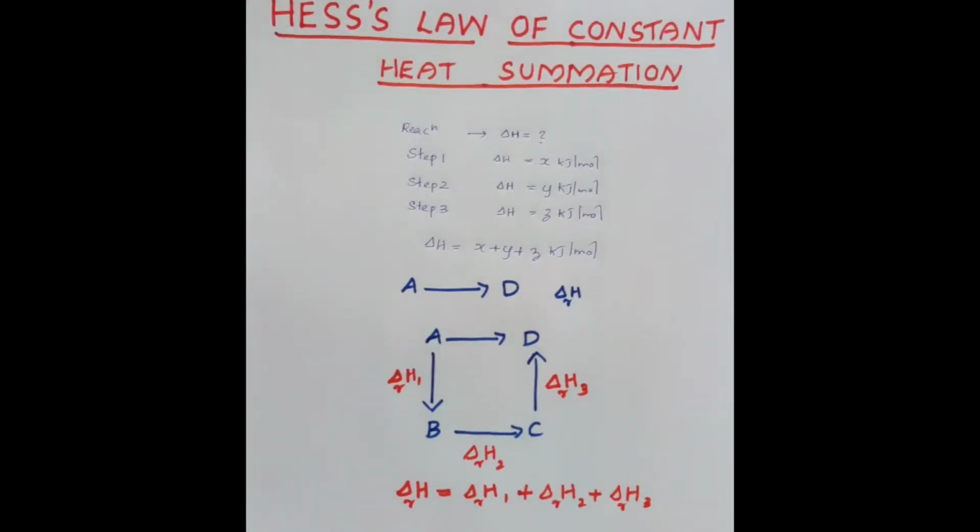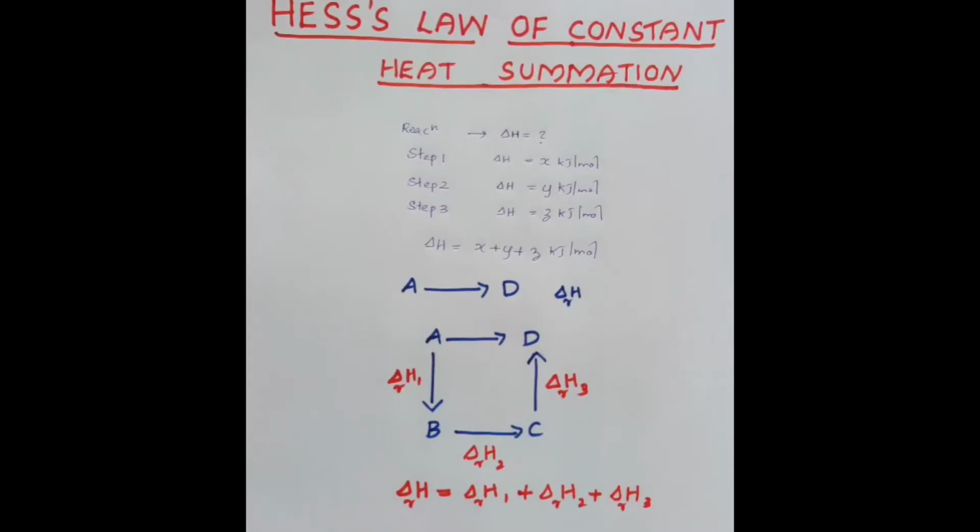Hess's law states that the total enthalpy change in a chemical reaction is the same irrespective of whether the reaction takes place in one step or several steps under the same condition.